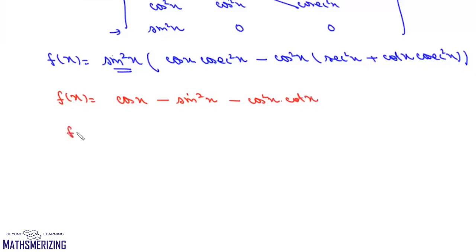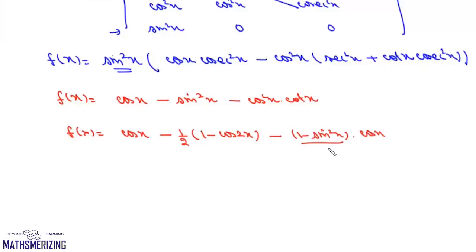Now we can write this function f(x) as cos x minus, now we'll multiply it by 2 and divide by 2, we'll get 2 sin square x, and 2 sin square x is 1 minus cos 2x, and here we'll write this as 1 minus sin square x, cos x upon sin x.